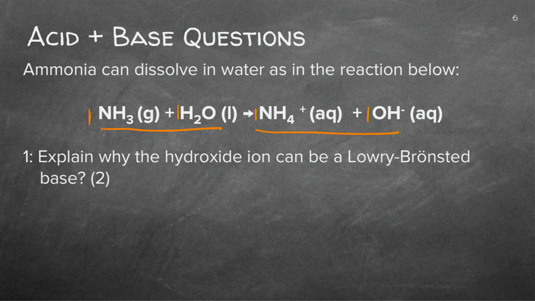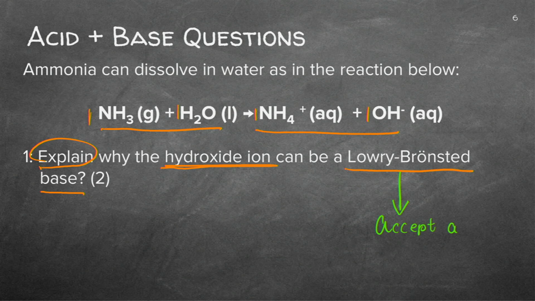They want to know from me, explain, so that will be words, why the hydroxide ion can be a Lowry-Bronsted base. Now let's quickly have a look. What will a Lowry-Bronsted base be? It will accept a hydrogen, a hydrogen proton.